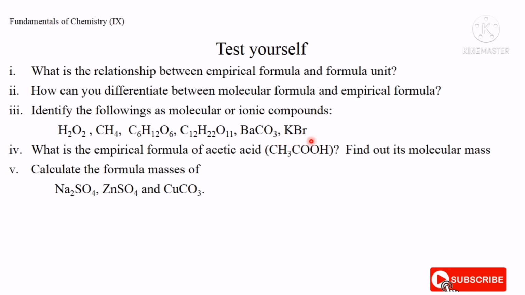Then you have to answer what is the empirical formula of acetic acid CH3COOH, and also find out its molecular mass, and calculate the formula masses of sodium sulfate, zinc sulfate and cuprous carbonate.